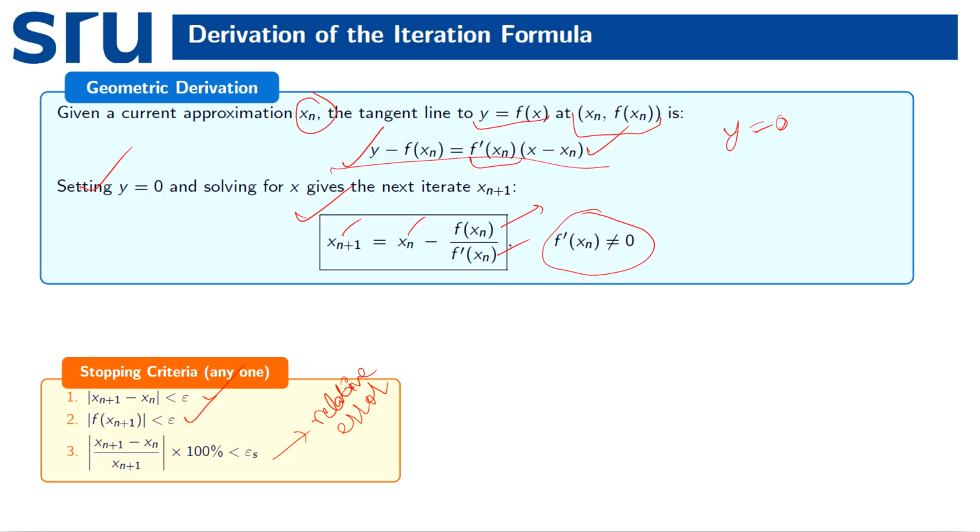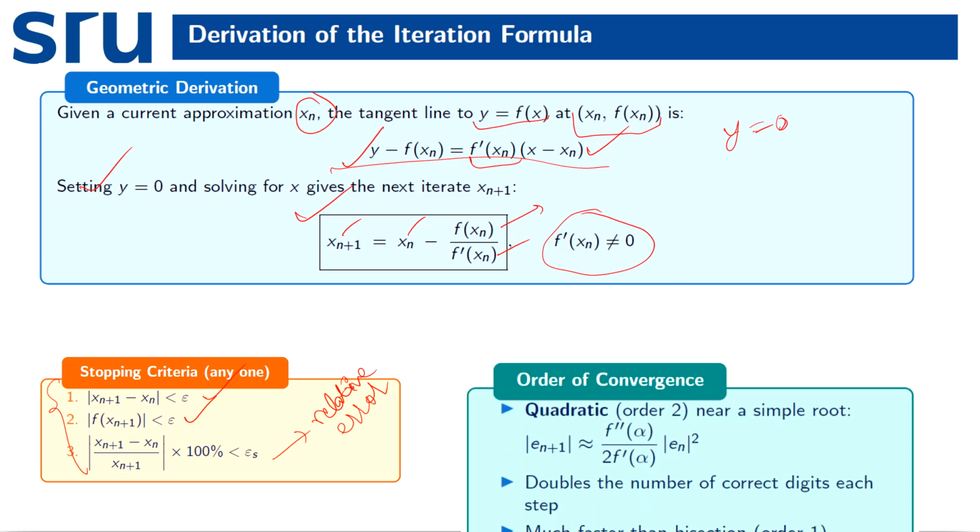These three conditions basically ensure that we stop when we have reached a sufficiently accurate solution. Either of these conditions or maybe more will ensure that.